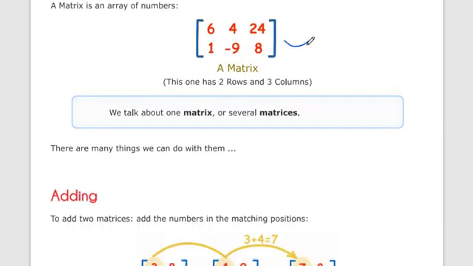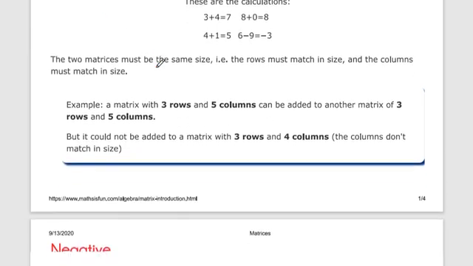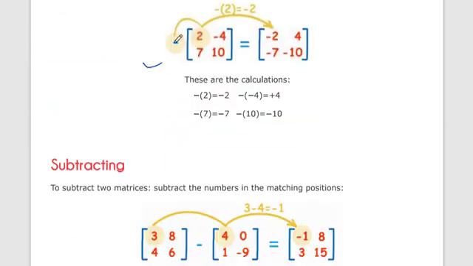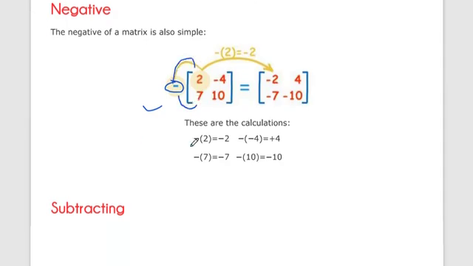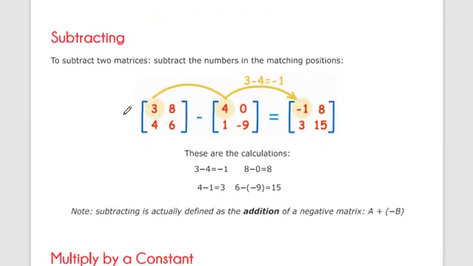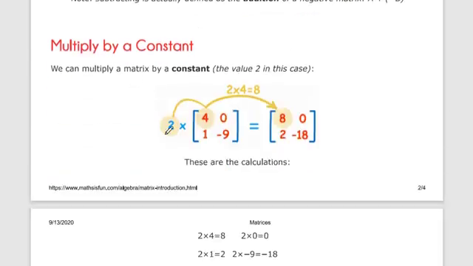Okay, so matrix addition you all know. Negation: if negative is outside the bracket, then the negation sign we will apply to all the elements. Subtraction, multiplying by a constant: all the elements will be multiplied with the scalar quantity or constant.